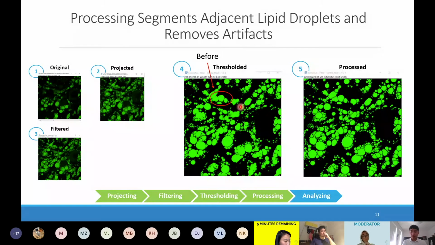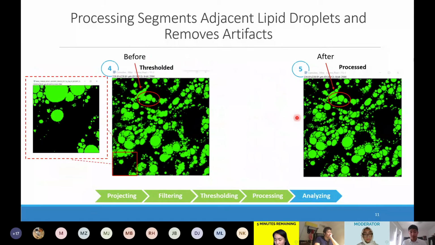To solve that, we use a watershed tool, which allows us to segment these 3 lipid droplets so we can count them individually. Now, another problem after thresholding is that certain pixels show up that are above the threshold, as you can see in this zoomed in shot of figure 4.